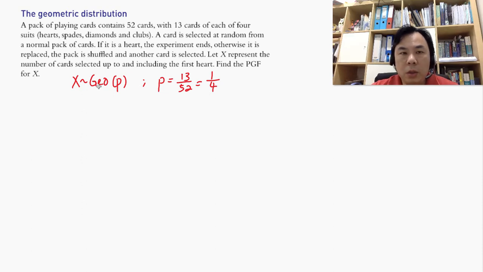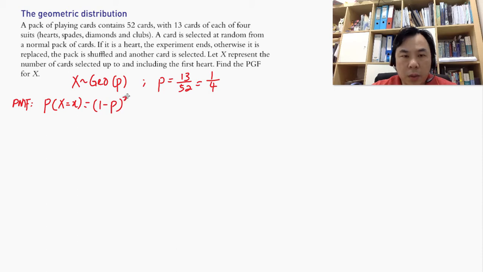Now, any geometric distribution has a probability mass function. So I would say that this is a probability mass function that is represented by P(X = x) equal to this. It is represented as (1 minus p) to the power of the number of failures before we successfully secure a heart.